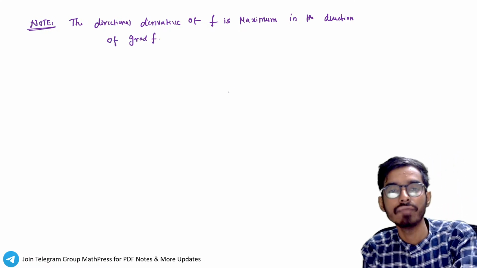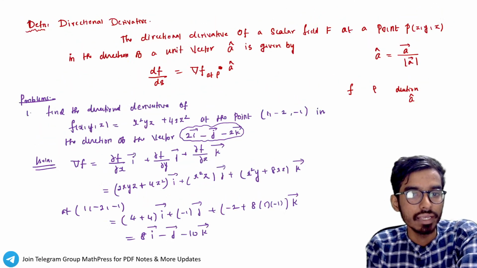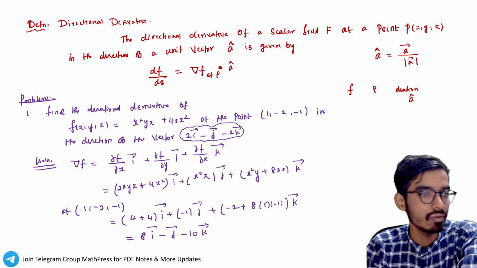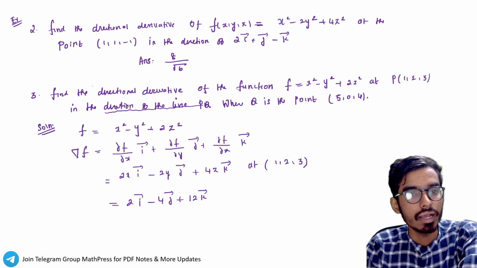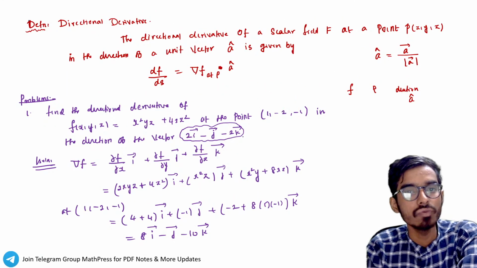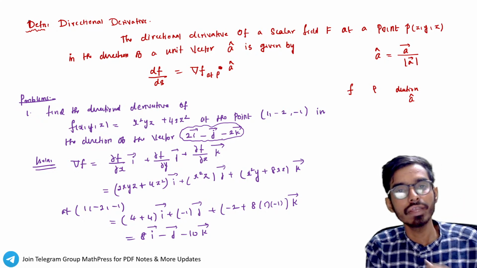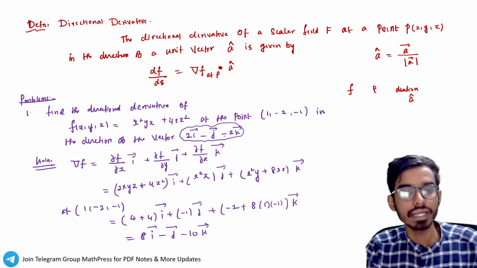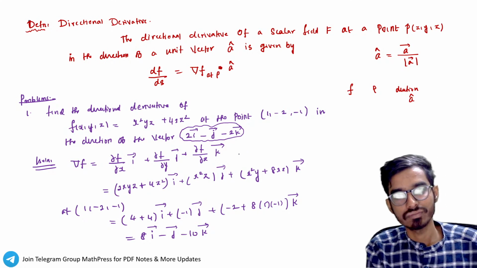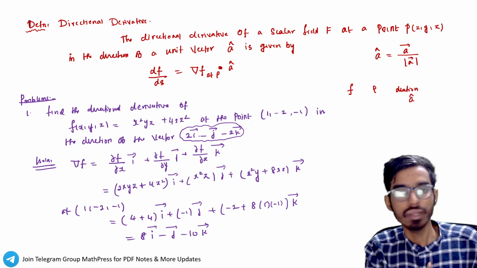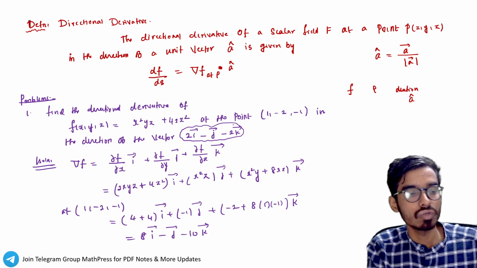You can see we are finding the directional derivative in this direction, and in this problem we have got the answer to be equal to 37 by 3. If you take some other direction you will have some other number, but the next question is when that number will be maximum. That number will be maximum if you take the direction to be del phi itself, right? So the directional derivative will be maximum in the direction of grad phi. Grad phi and del phi are both the same.